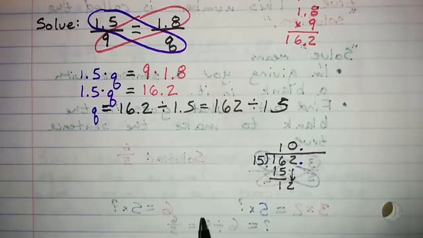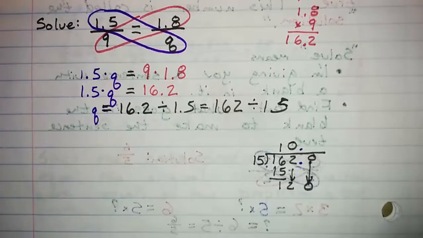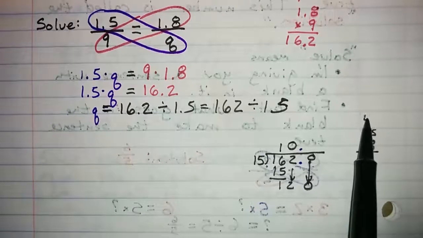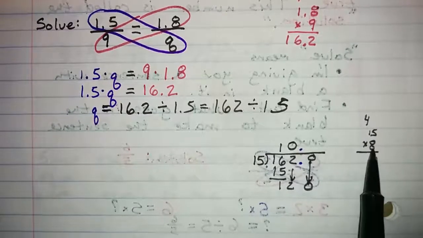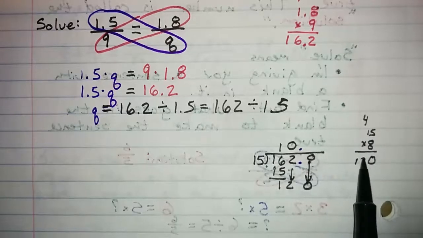Oh, I'm out of digits. What should I do? Yeah, I'm doing decimal division. I'm going to add in a 0. 15 goes into 120. Let's try a guess. It's going to be big. Let's try 8. 8 times 5 is 40. 8 times 1 is 8, 9, 10, 11, 12.